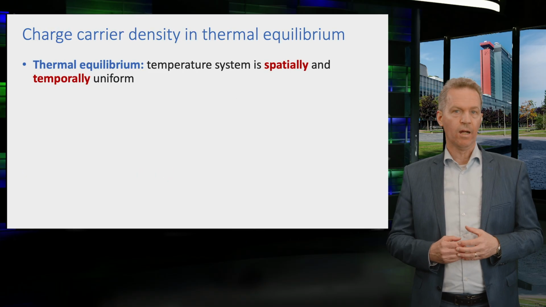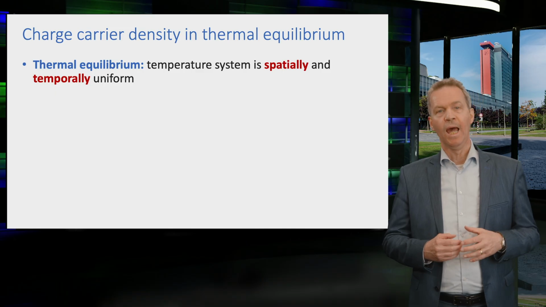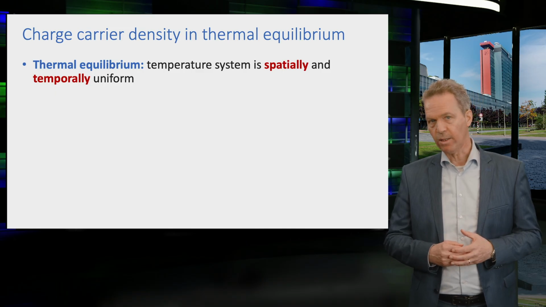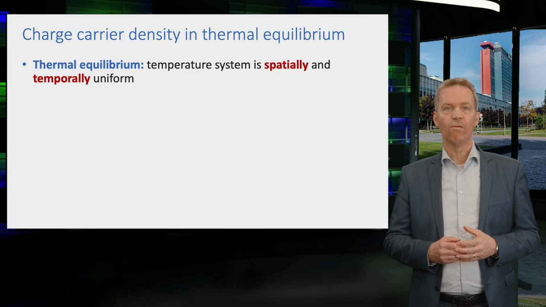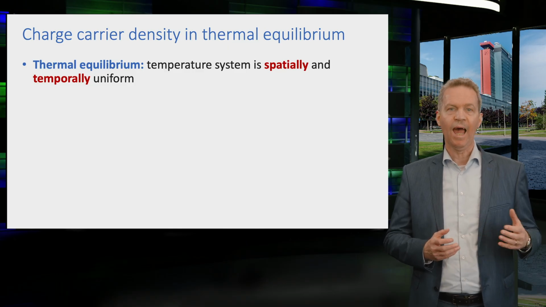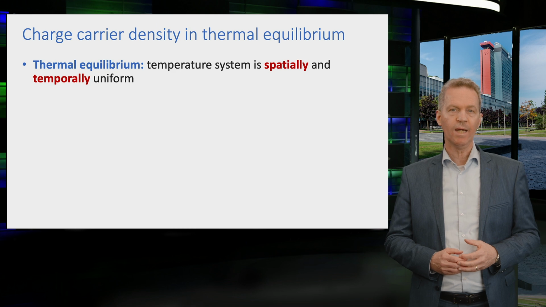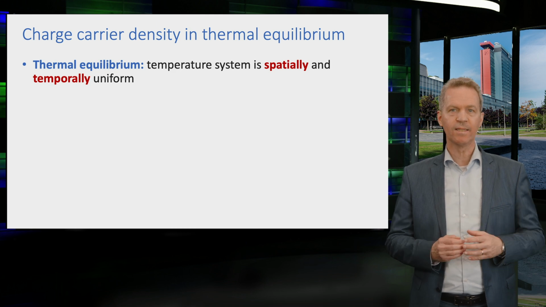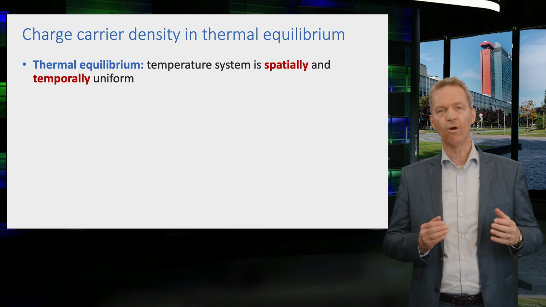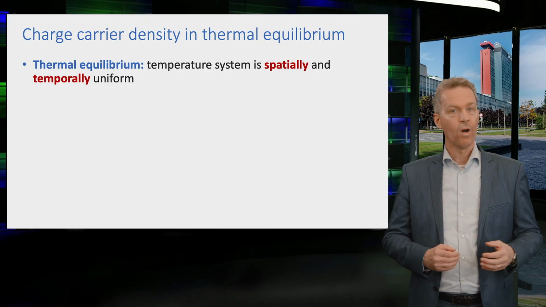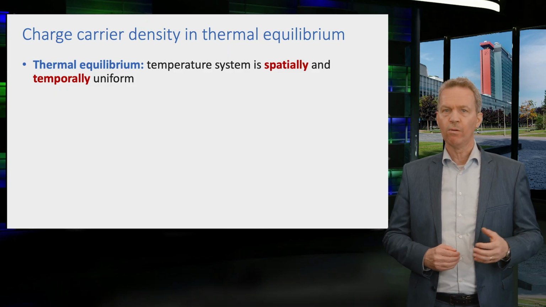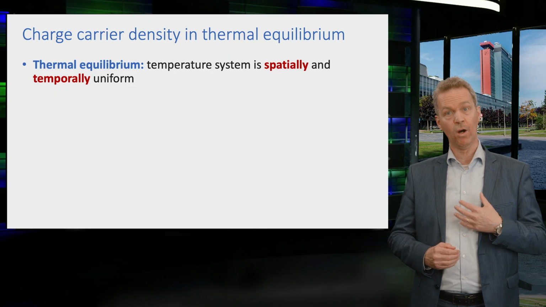A system, in our case the semiconductor material, is said to be in thermal equilibrium if the temperature of the system is spatially and temporally uniform. This means that the temperature is the same anywhere in the system and is constant over time. This is a rather formal definition, and therefore we will adapt this definition for our needs.